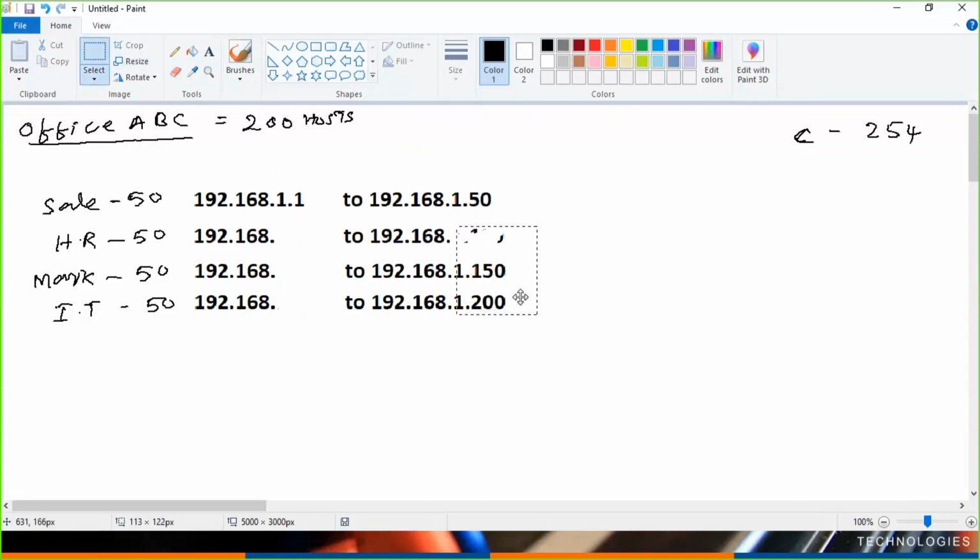So based on the requirement, we can make them into different networks. Then why are you thinking so much? It's simple. Sales department, it will be 1.1 to 1.50. HR department, 2.1 to 2.50. Marketing department, 3.1 to 3.50.